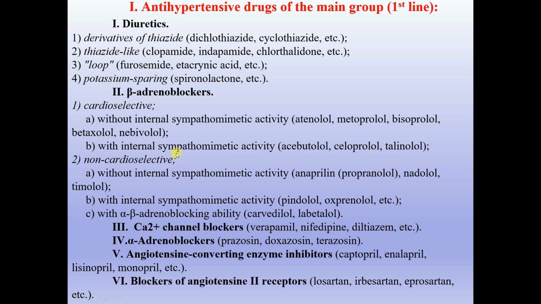Third, calcium channel blockers, we will also discuss them in more detail today. Fourth, alpha-adrenal blockers, we will also discuss them today in a little more detail, but we also discussed them in lecture 5. Fifth, angiotensin converting enzyme inhibitors, we discussed them in the previous lecture 11, and blockers of angiotensin II receptors. We also discussed them in lecture 11.